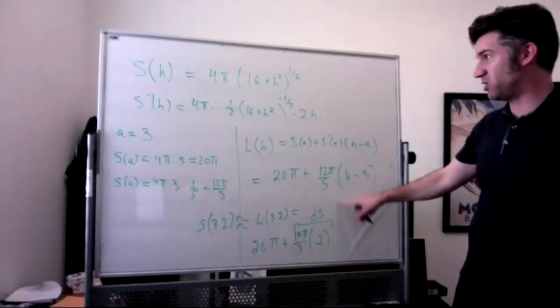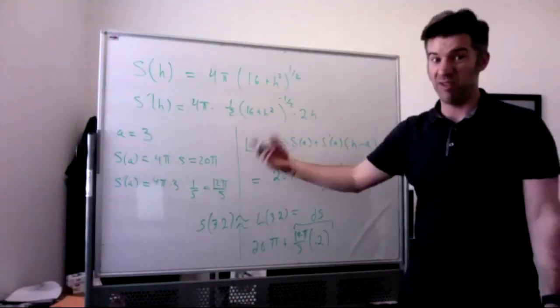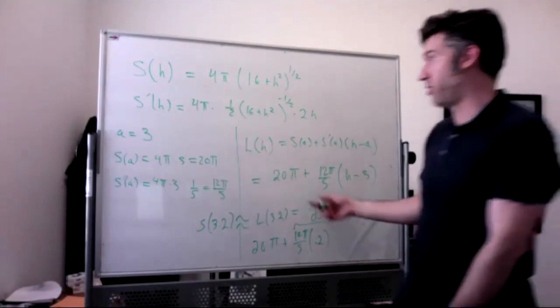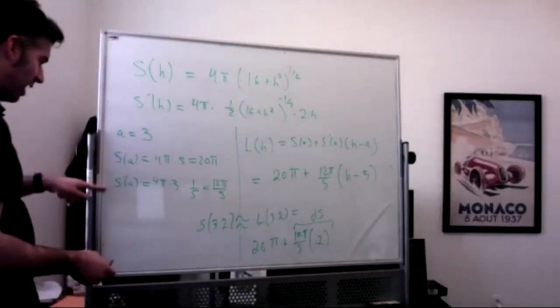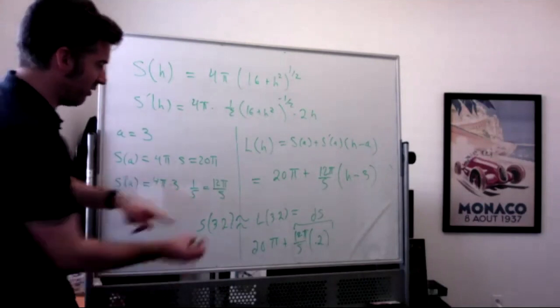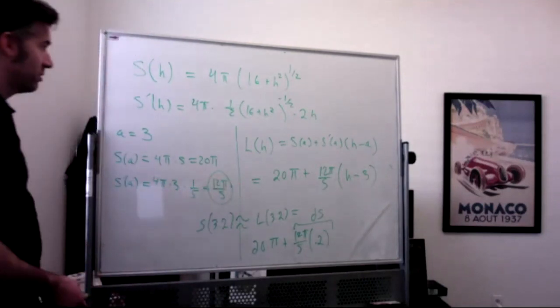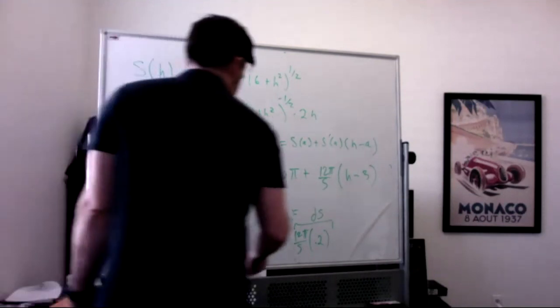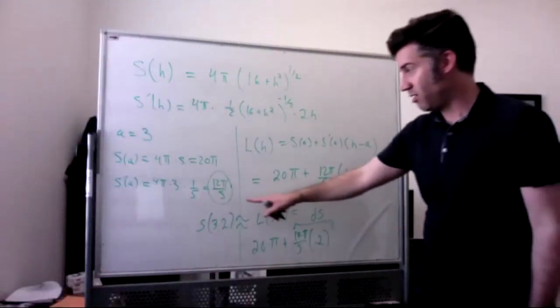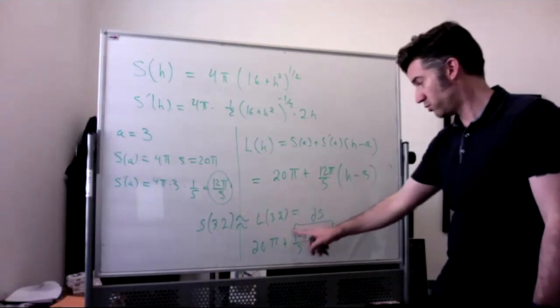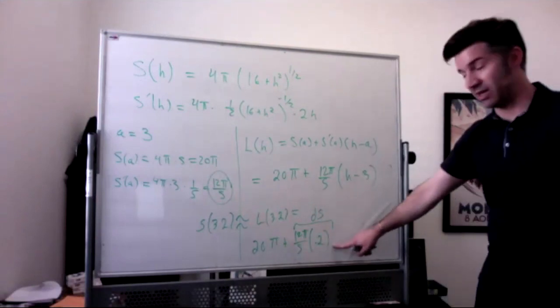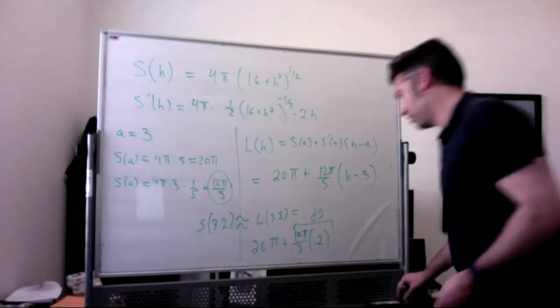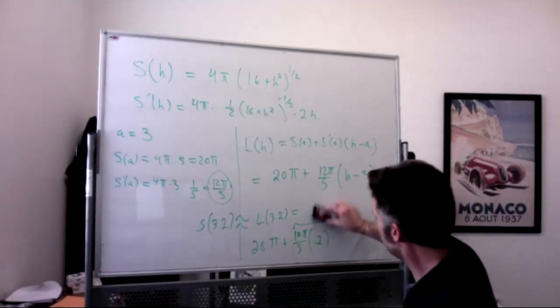And my ds is just this when I plugged in 3. And when I plug in 3, s prime of 3 is exactly 12 pi over 5. So that's what this is when I plug in 3. And then my ds is just my s prime, 12 pi over 5, times my dh, which is 0.2. In fact, let me write that.